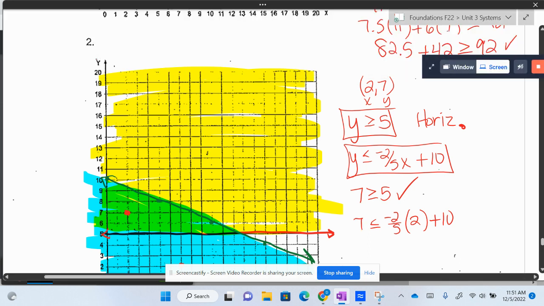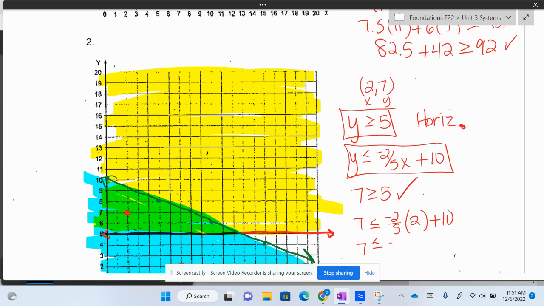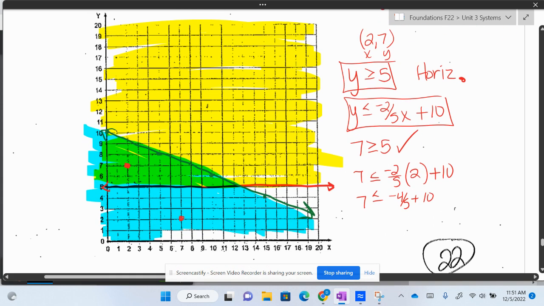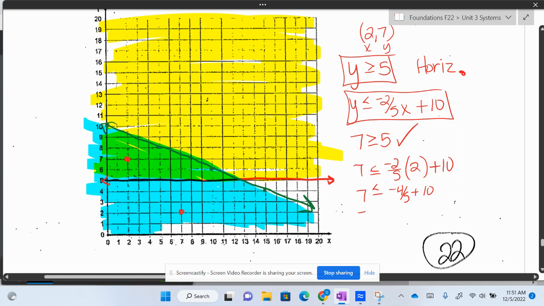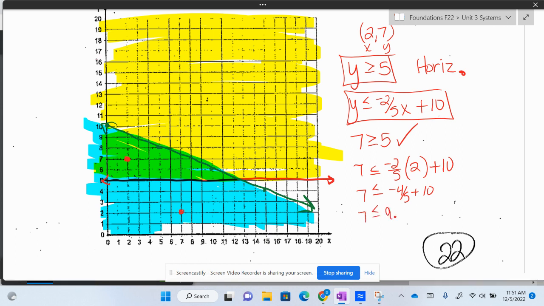So 7 is less than or equal to negative 2/5 times 2, which is negative 4/5, plus 10. Well, that's 9.2 or 9 and 1/5, either or. Is 7 less than 9.2 or 9 and 1/5? Yes, it is. So that works.